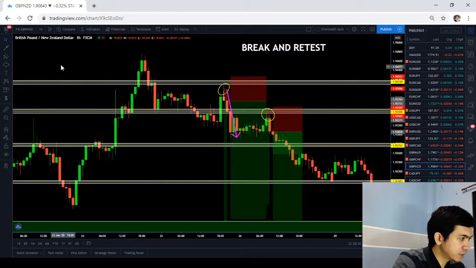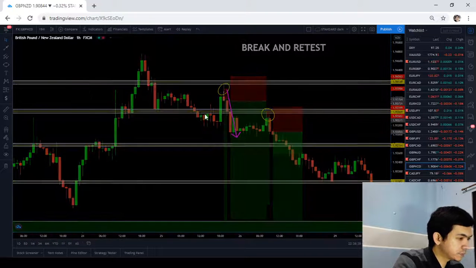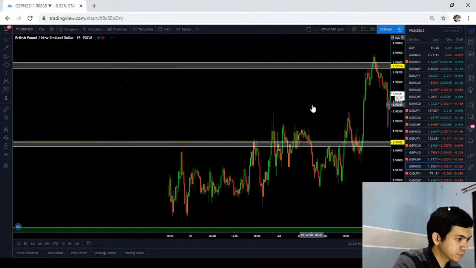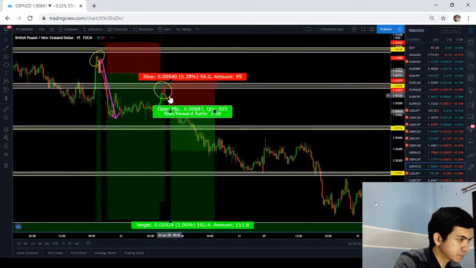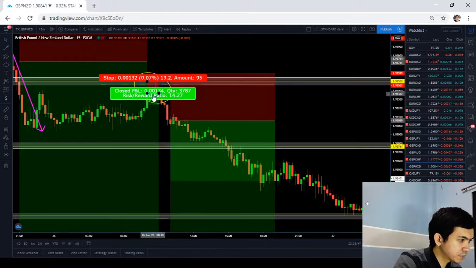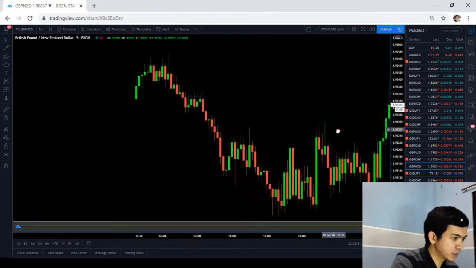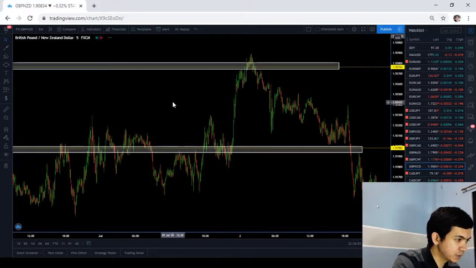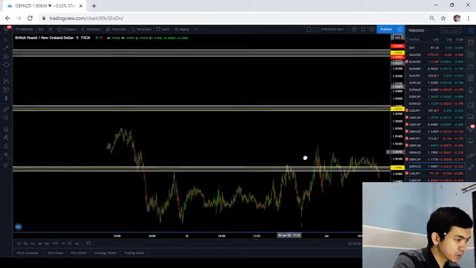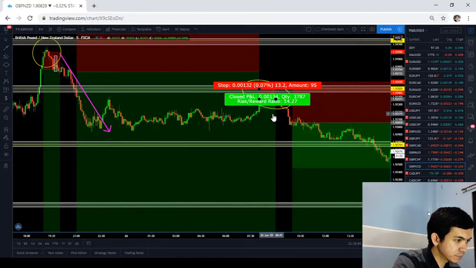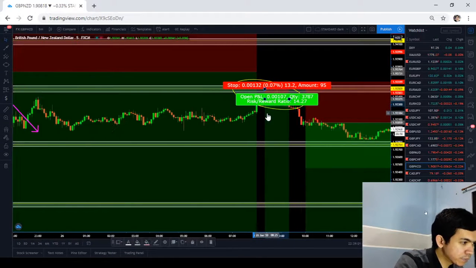Ayusin lang natin. Go to 5 minutes. Kaya lang guys, isin ko lang para mas makita yung difference. Trading on a higher time frame versus on a lower time frame. Right?